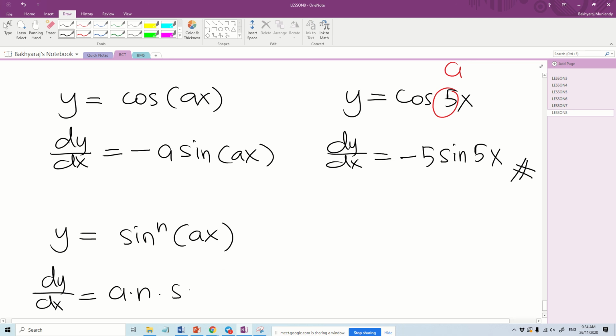Sin^(n-1), power dia kena tolak 1, ax. So sin kena dapat cos, so akan dapat cos ax.